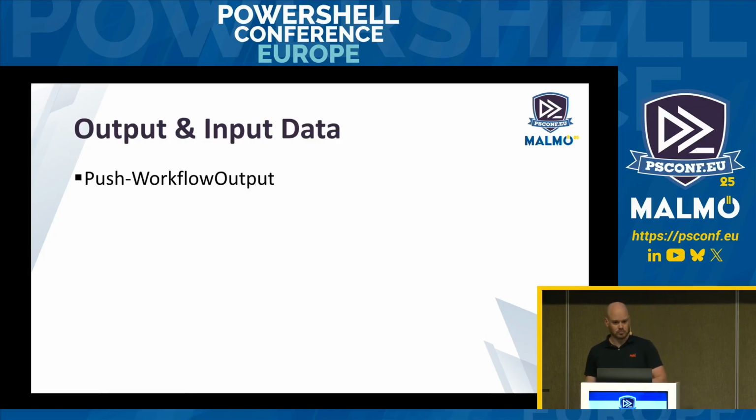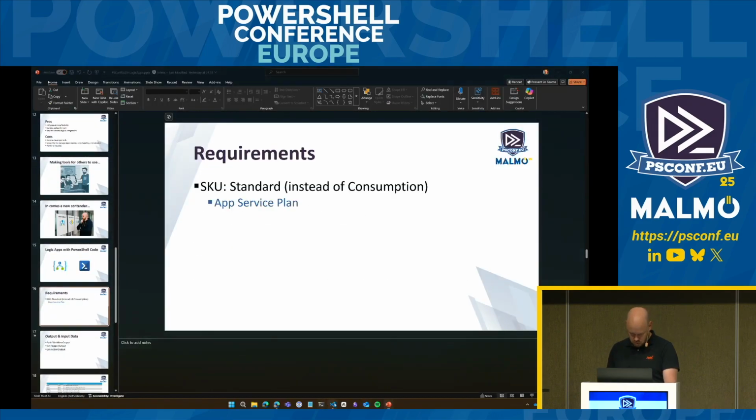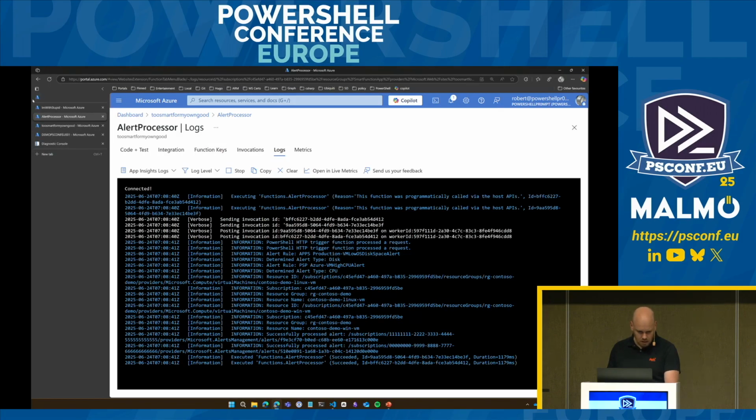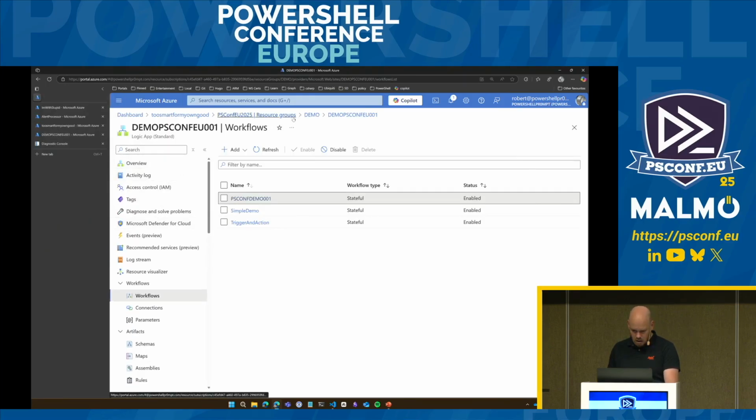Let me just quickly show you what that looks like. Where's my mouse? There we go. If I now have a new Logic app with standard SKU, I get the option to make multiple workflows.